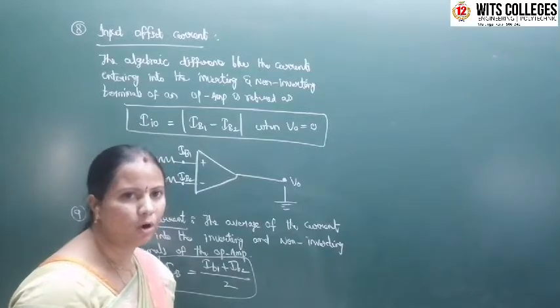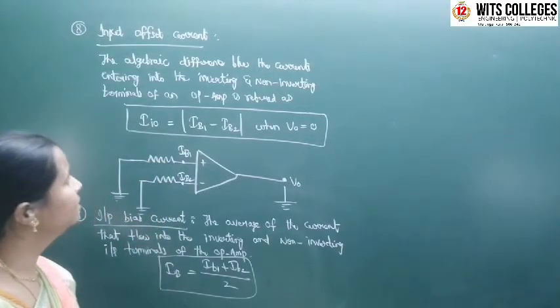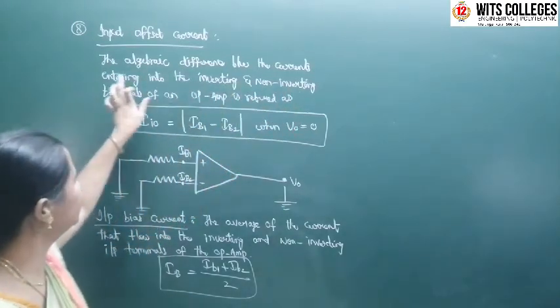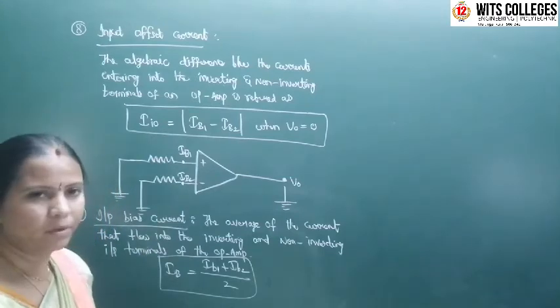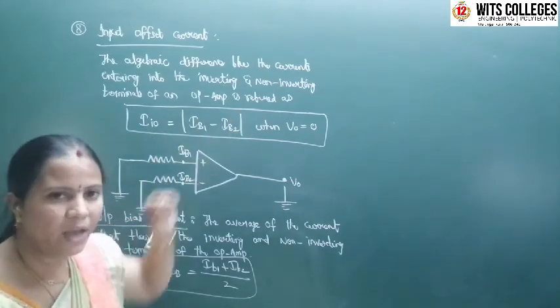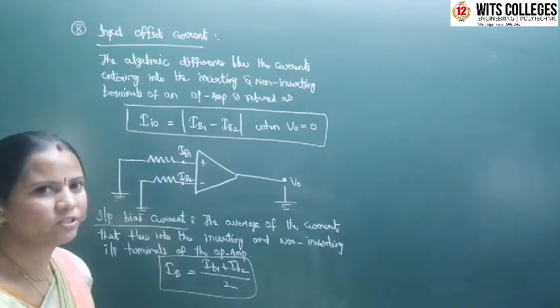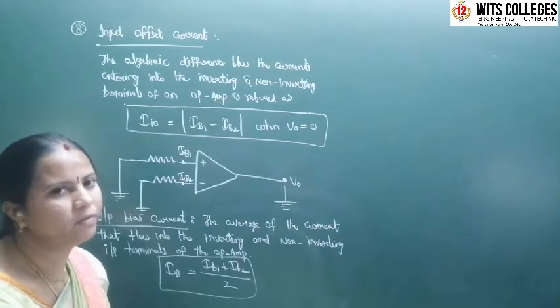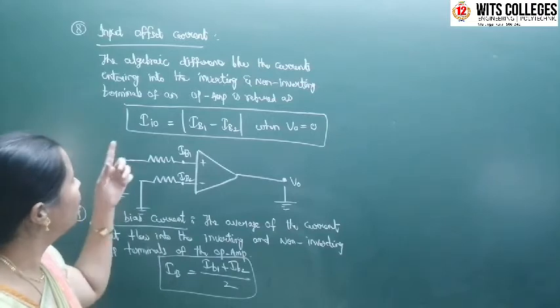Input offset current. The algebraic difference between the currents entering into the inverting and non-inverting terminals of the op amp is referred to as input offset current.